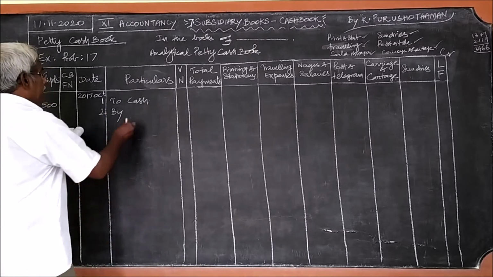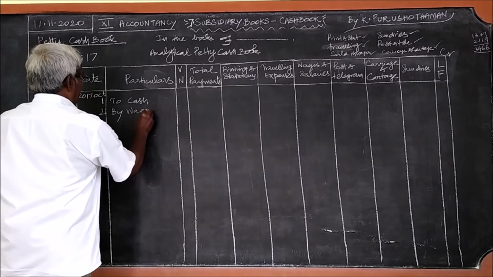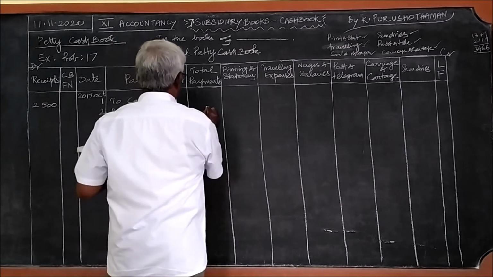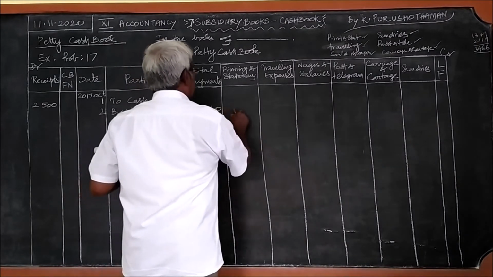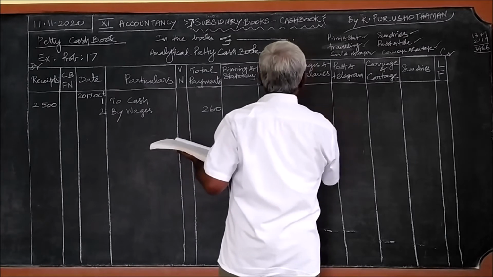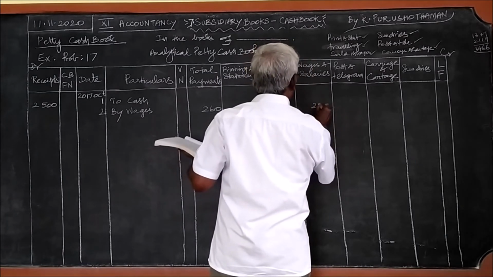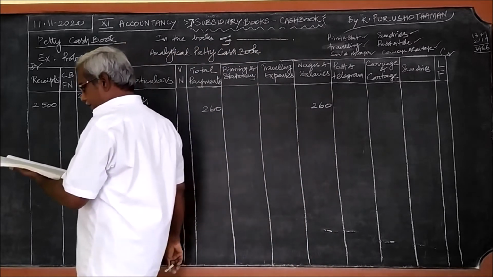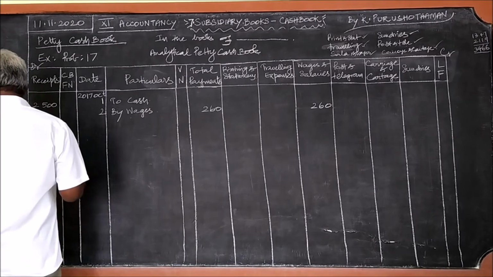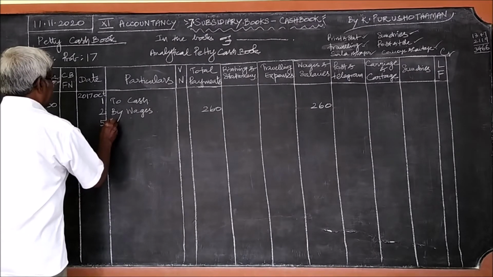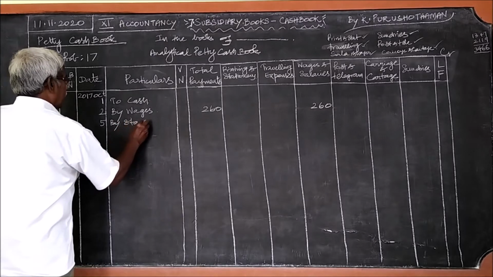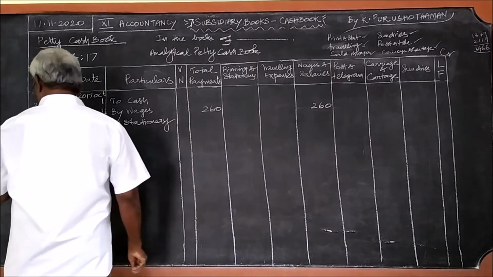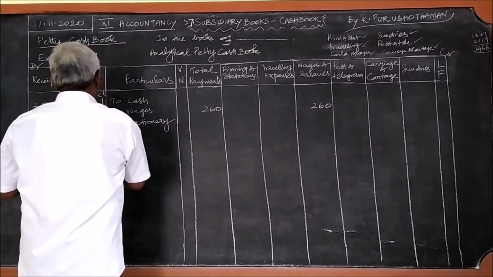That's all. By wages. The amount is 260. Total payment 260. In the salaries and wages 260. Then paid for stationery. By stationery, the amount is 300.